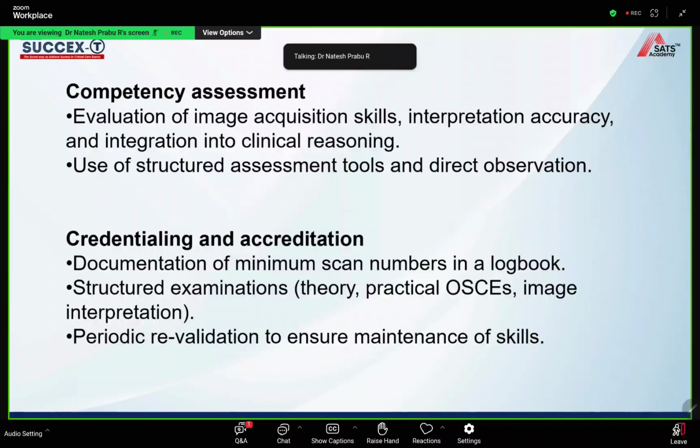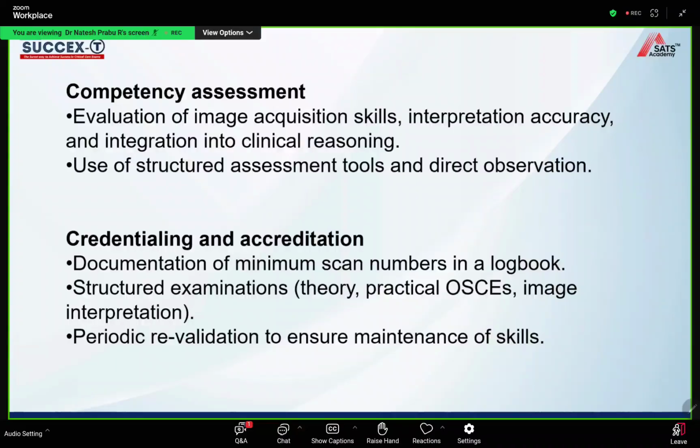Coming on to the competency assessment, this is evaluation of image acquisition skills, interpretation accuracy, and integration into clinical reasoning, and use of structured assessment tools and direct observation. These are the methods by which we can assess the competency of a person doing POCUS. Next step is credentialing and accreditation. This includes documentation of minimum scan numbers in a logbook, structured examination, which includes theory, practical OSCEs, and image interpretation, and periodic revalidation to ensure maintenance of skills.